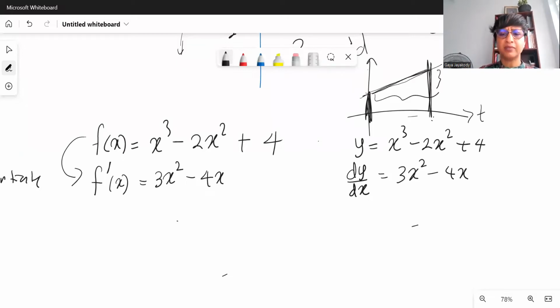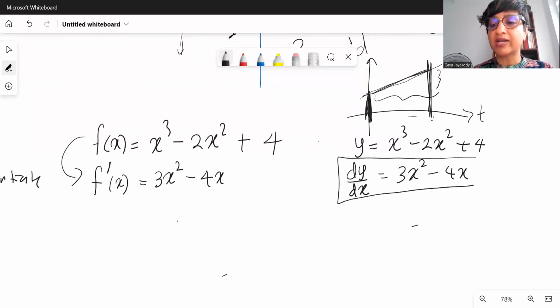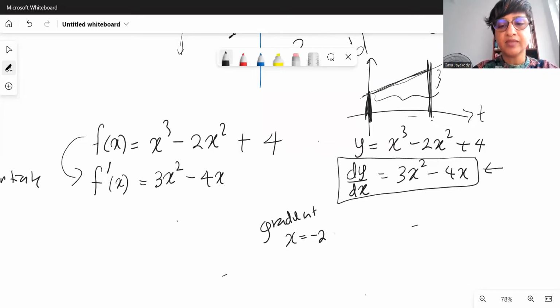The derivative function is telling you the gradient of your original function at any point you want. If you want the gradient at x equals minus 2, you plug in minus 2 here and you get the gradient.